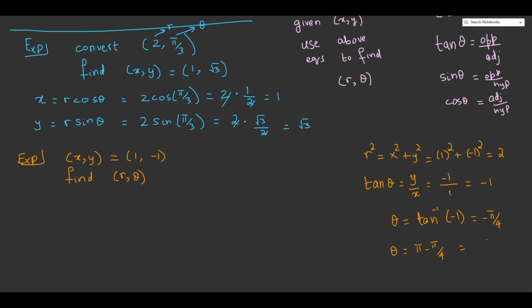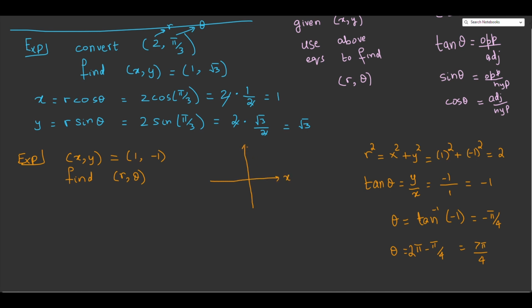Here x is positive and y is negative, so this point is in the fourth quadrant. So here we are going to write 2 pi minus pi by 4, which becomes 7 pi by 4.